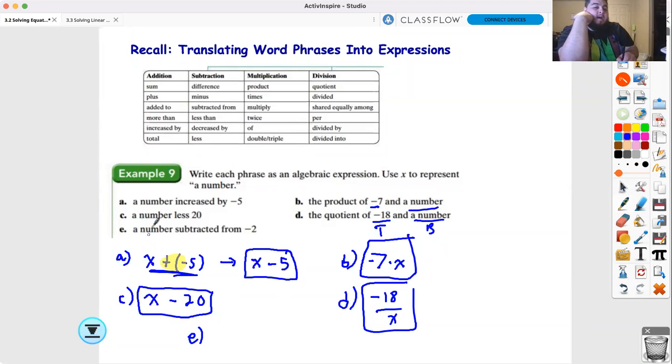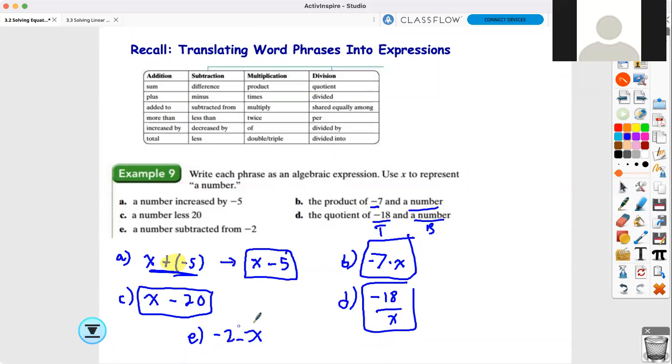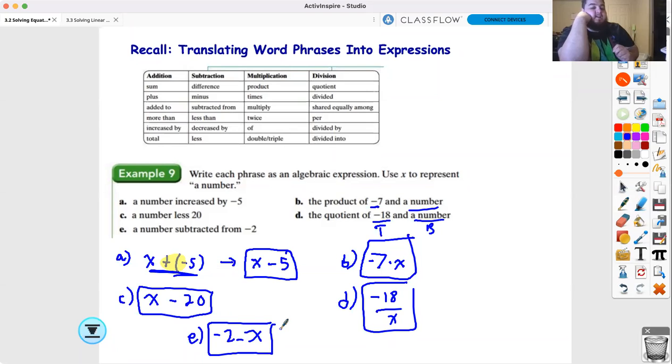It says a number subtracted from -2. So class, is that asking us to do X minus -2, or is it wanting us to do -2 minus X? A number is being subtracted from what number? We know X is being subtracted. -2 minus X. Excellent.